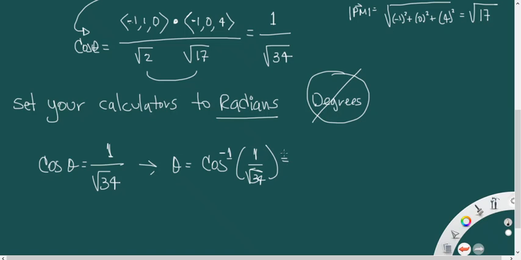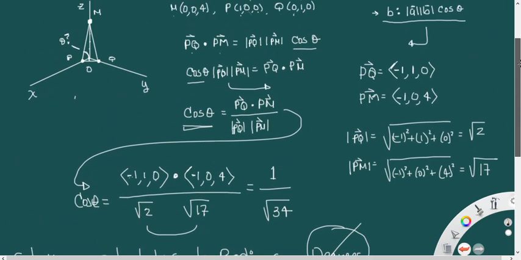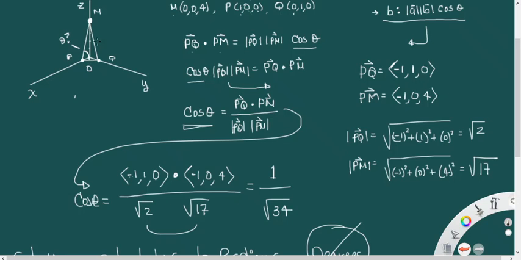If you do your calculations, you can enter this value into your calculator first and then do the inverse cosine. This is the same as the ACOS on your calculators, and this is equal to 1.39 radians. So the angle between vectors PQ and PM is equal to 1.39 radians.